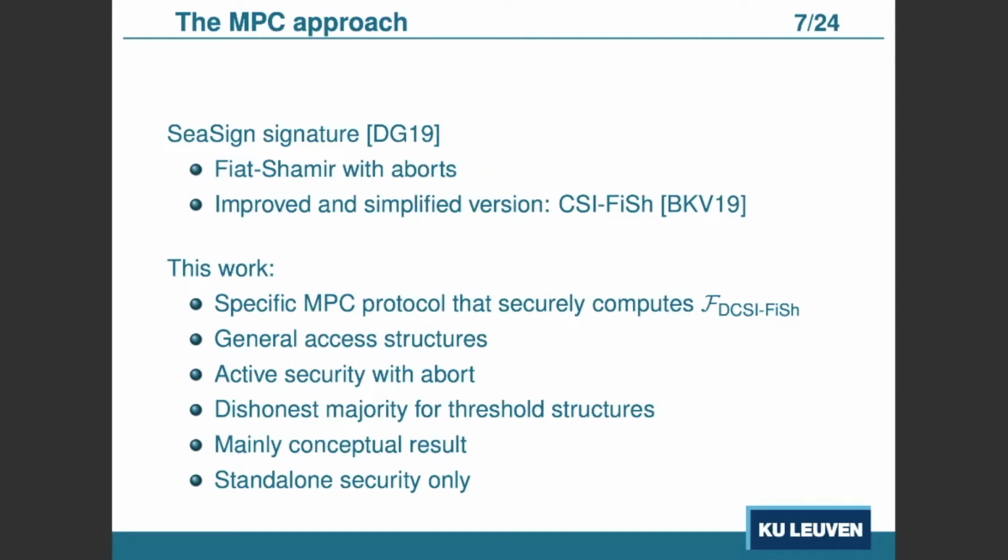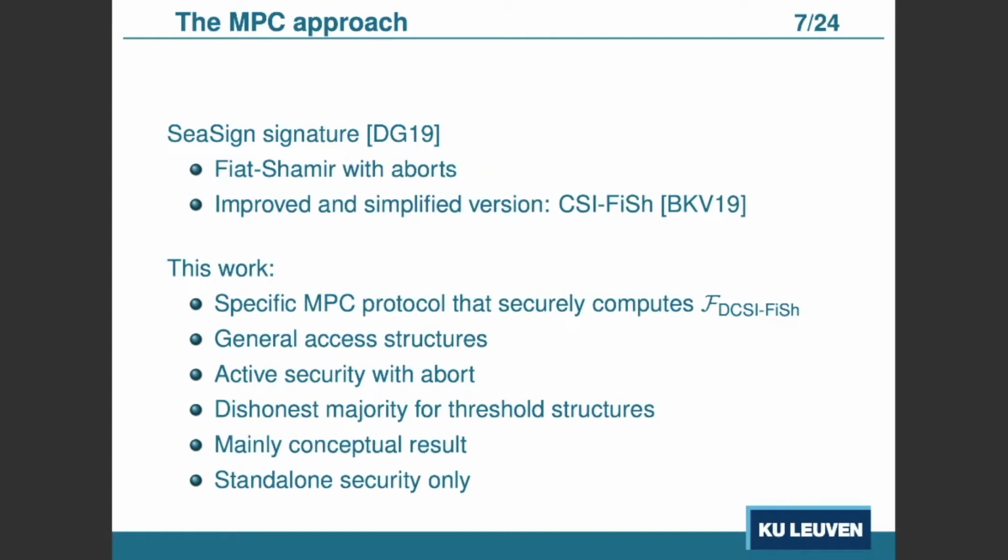Luckily, last year a new signature scheme called CSI-FiSh was proposed that improves the previous one in a number of ways. First, in efficiency, but most importantly, it avoids completely the use of rejection sampling, so becoming very similar to a classic Schnorr-like protocol.